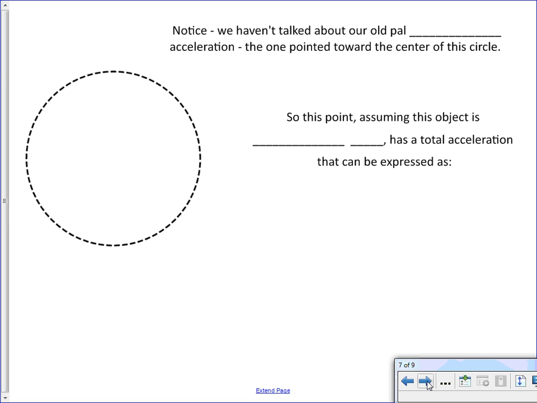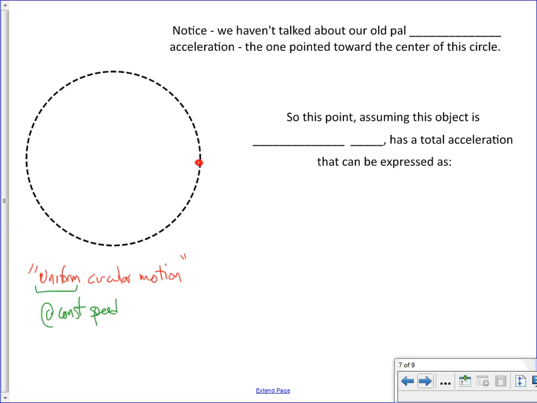Well, remember, we started talking about uniform circular motion, which talks about things that move in circles at constant speeds.